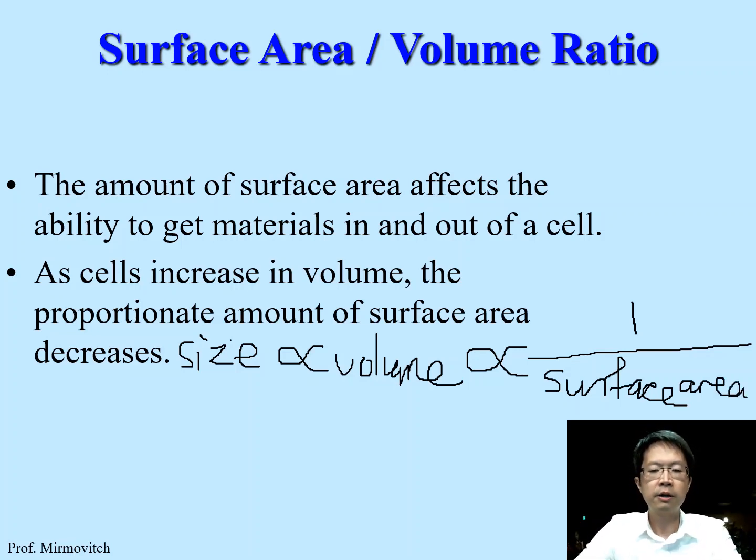So size and volume are directly proportional to each other, but surface area is inversely proportional to size and volume. That means the larger the cell size, the larger the volume, but the smaller the surface area.